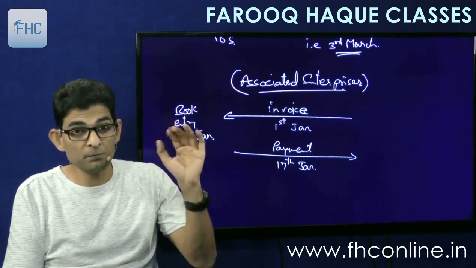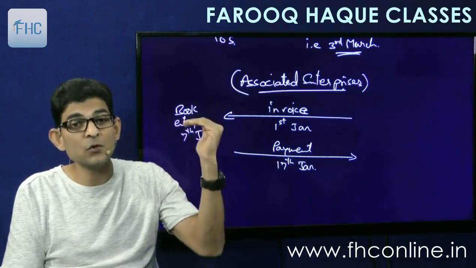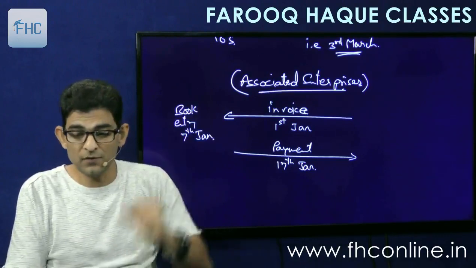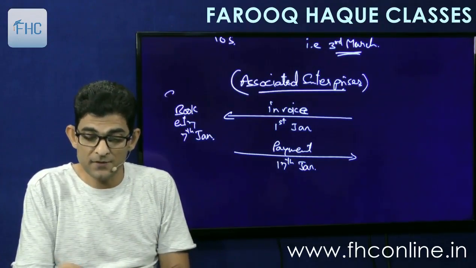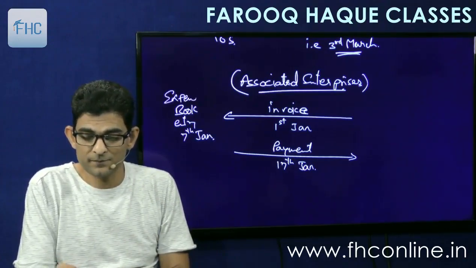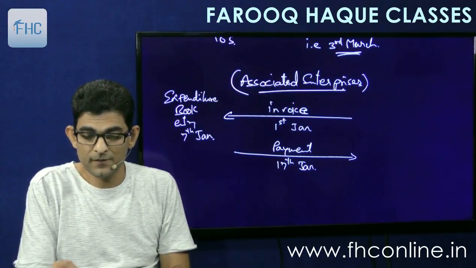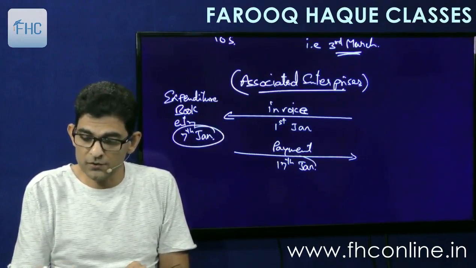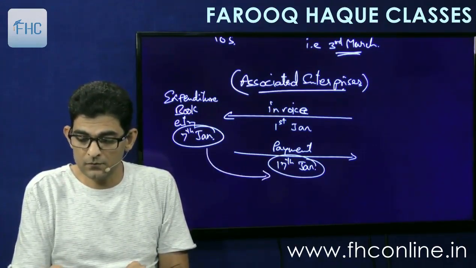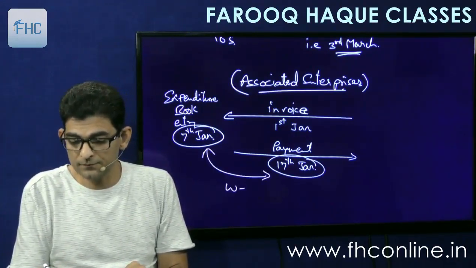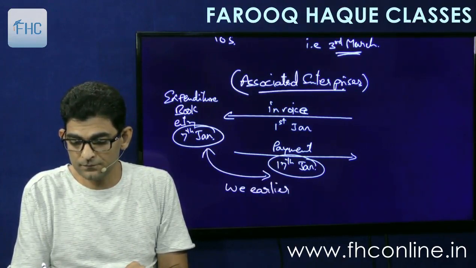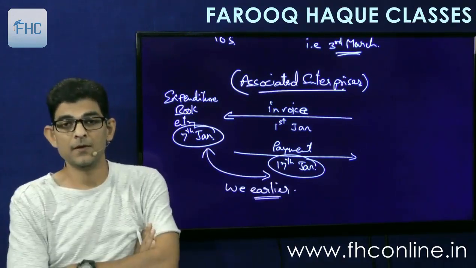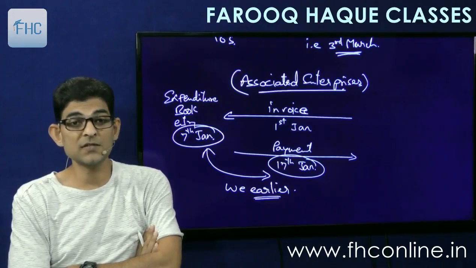Book entry is not payment entry. This is of receipt of service. Service book entry means expenditure book entry, you can say. Expenditure book entry. So this 7 Jan or the date of payment, whichever is earlier. So here we will not consider that 60 days rule.